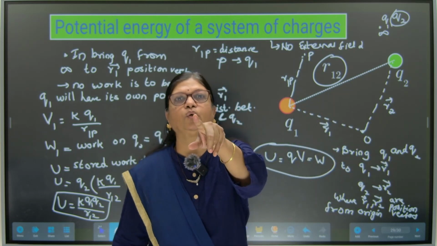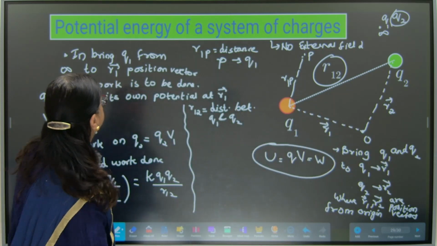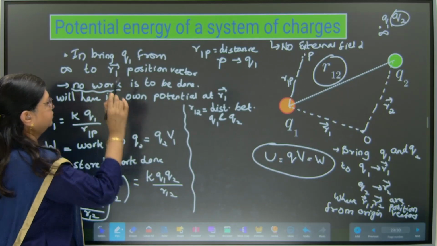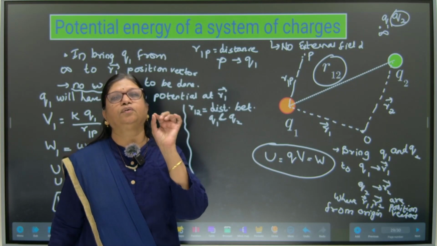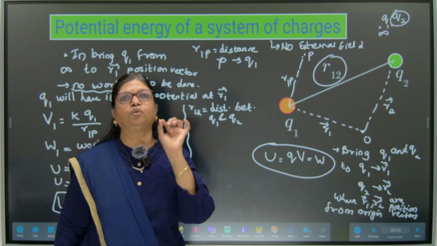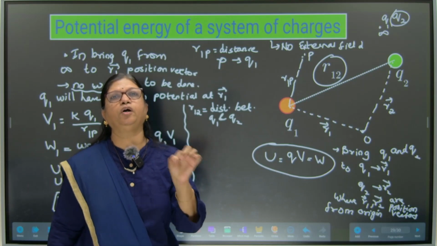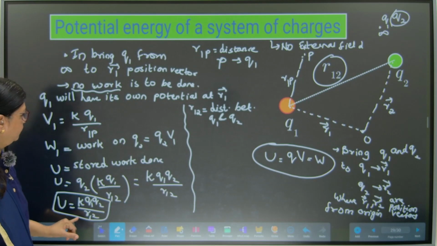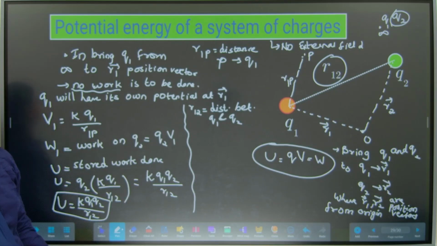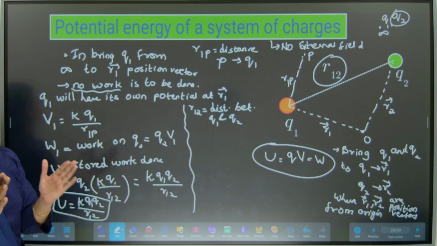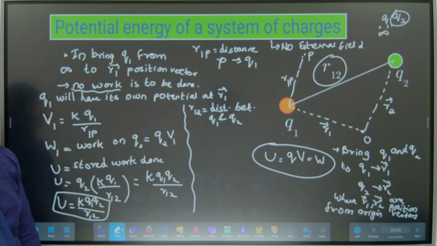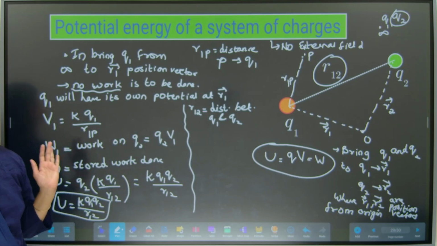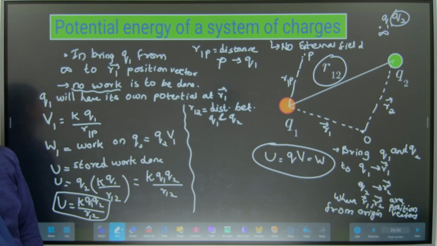So while bringing Q1, no work we did. Agreed? Followed? So U is equal to K Q1 Q2 upon R12 is the potential energy to associate a system of two charges Q1 and Q2. Simple, where R12 is the distance between Q1 and Q2.